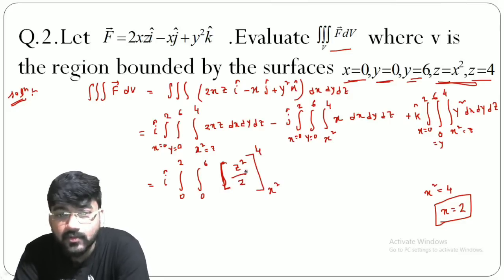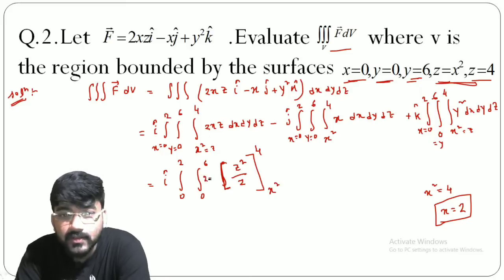So the integration will convert into terms of x, and we write 2x as it is, with dx dy on the other side.